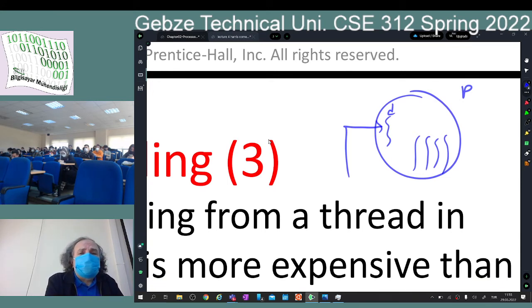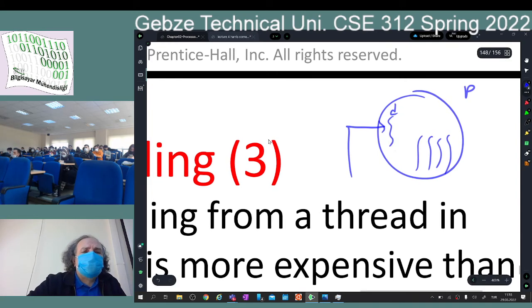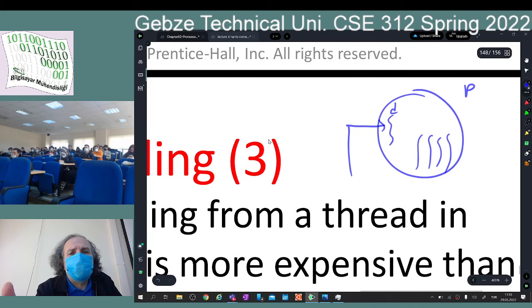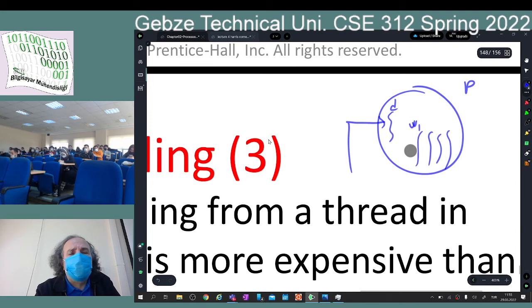Suppose I am making my scheduling decisions inside this process, so user level thread scheduling. My thread scheduler saw that the dispatcher said to handle this. Okay, worker 1 is working on that job, and worker 1 is blocked.